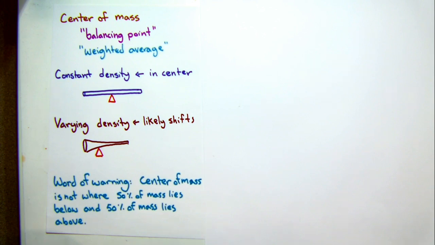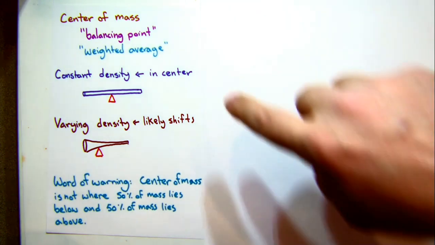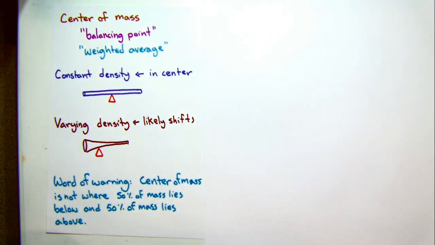But that is not what the center of mass is measuring. It's measuring something else. So when you talk about the center of mass, the way I like to think about it is as a weighted average. And we'll talk more about what this is. We'll see an example of how what we're going to give as the center of mass is not the same.